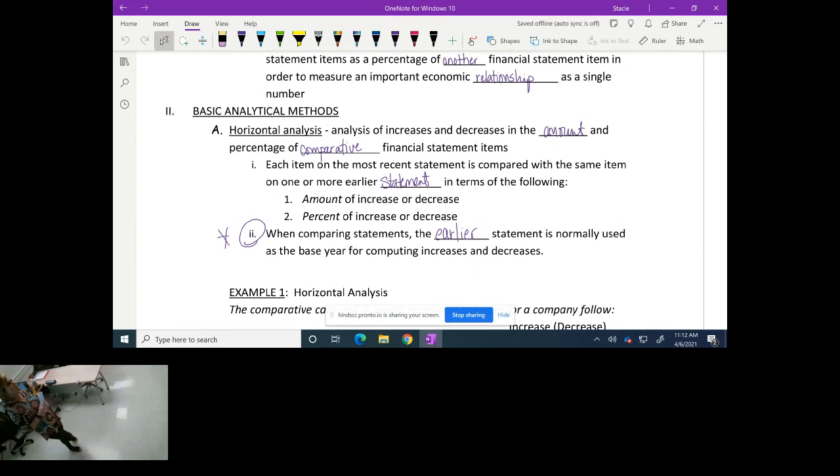Example, you compare sales from 2020 to sales in 2019. So if they increased or decreased, you're going to figure that number out and then determine what percentage the increase or decrease was. So we'll look at that shortly.